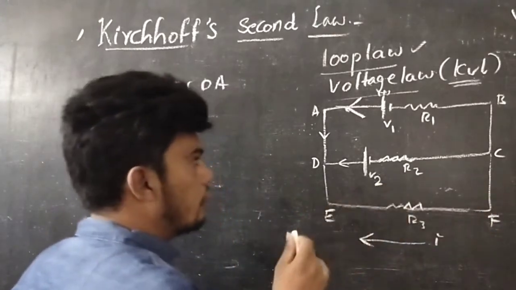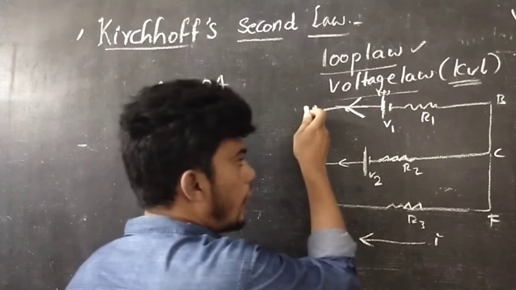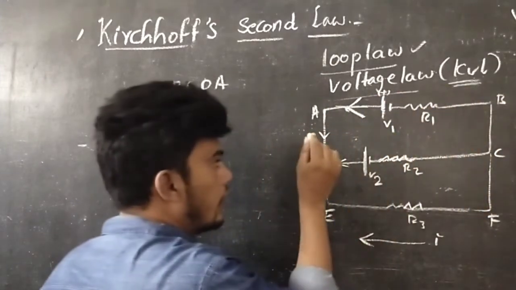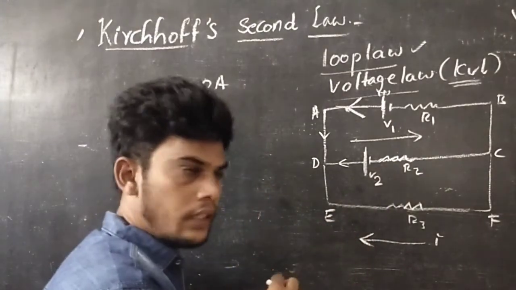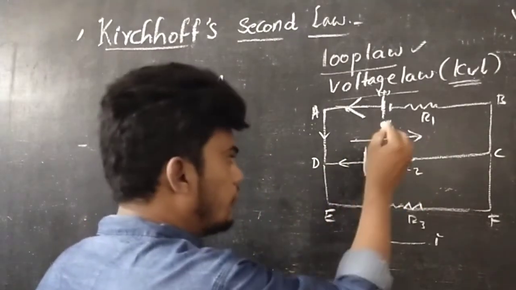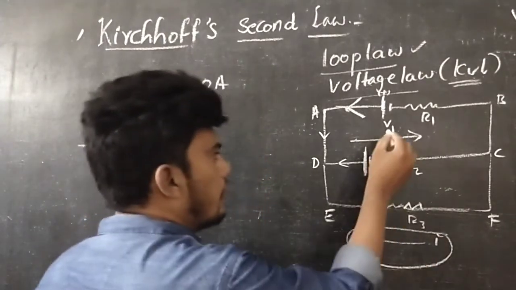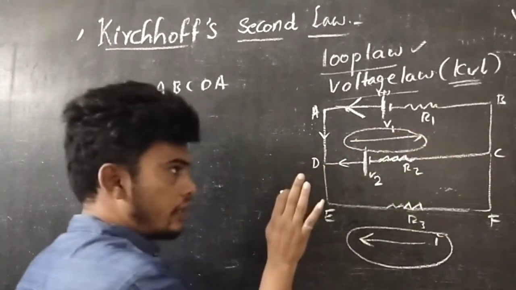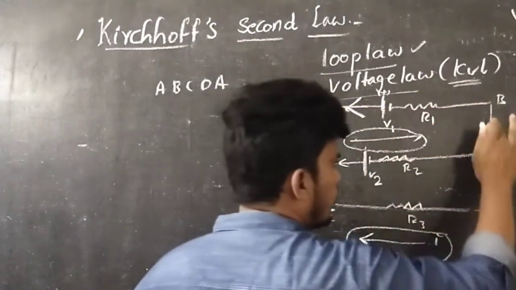This is point A. I am going from point A to point B. So the loop direction is in this way. So from these two observations, the direction of the current and the loop direction from point A to point B, I am going in this direction. This is the direction of the loop.